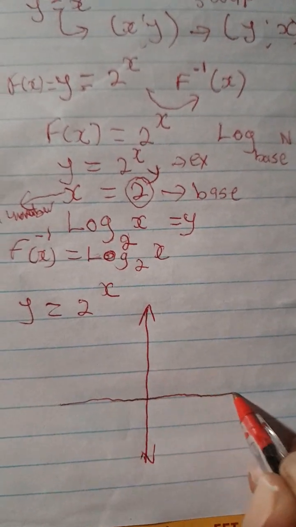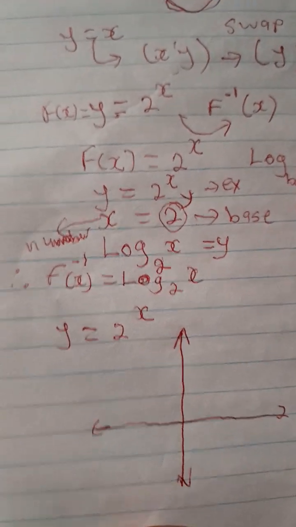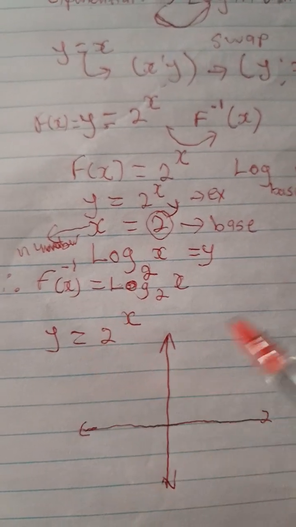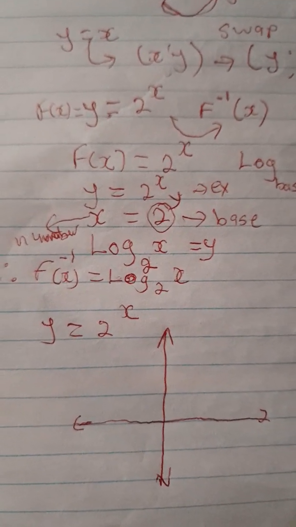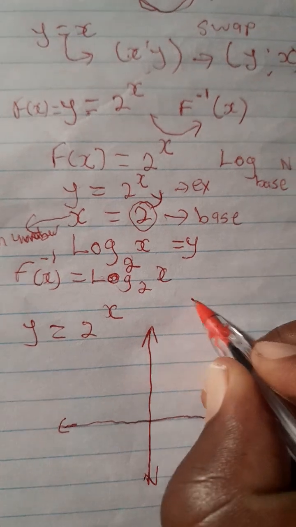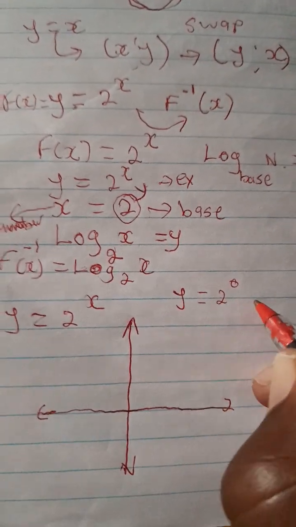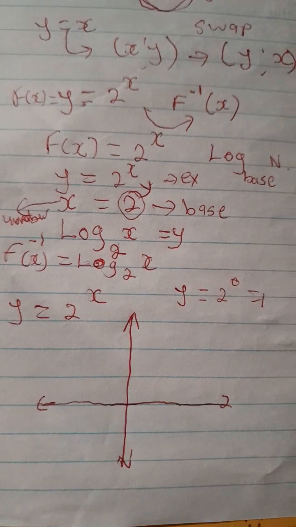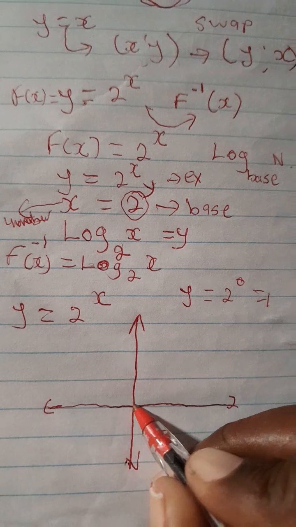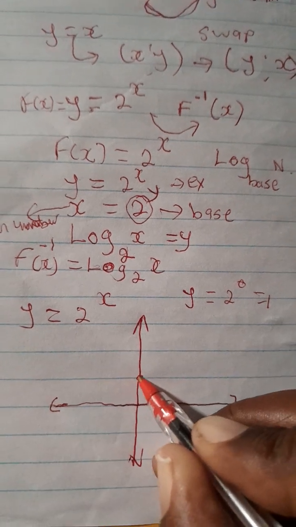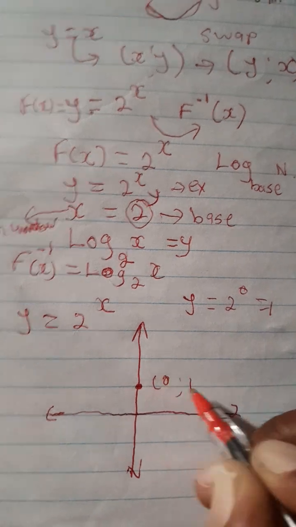Such exponential forms do not have an x-intercept, but we can find the y-intercept. How do we find the y-intercept? Wherever there is x, you replace it by 0. So 2 to the power of 0 gives y equals 1. Our intercept is going to be (0, 1).